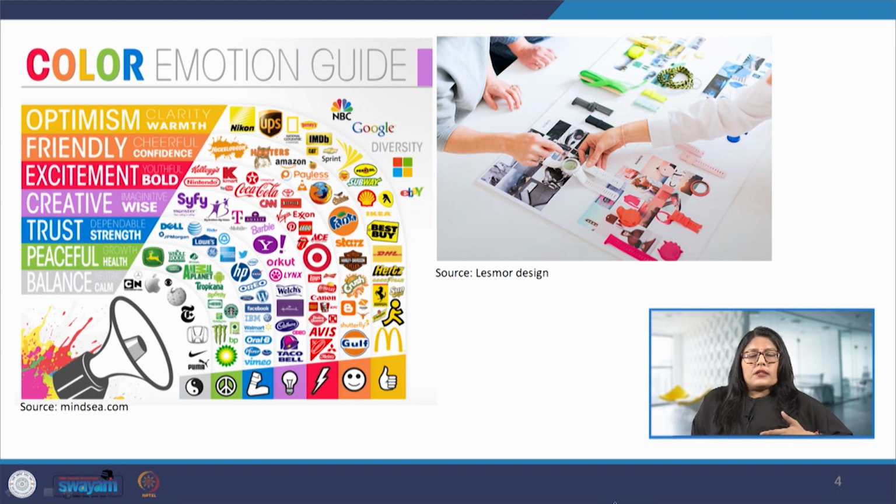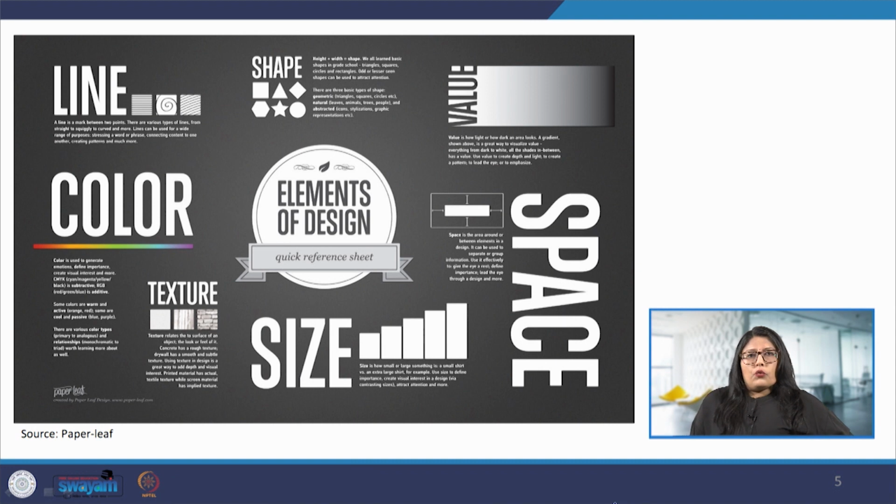Businesses use these colors to communicate with the user, and we also retain this in our memory and associate certain colors with certain businesses or applications. On the right we can see an exercise on which color will probably go better. Mood boards are also created to identify what colors will go well with the theme that we are looking at.